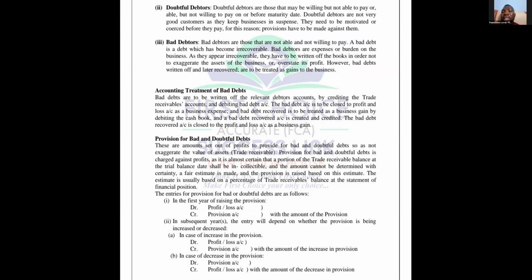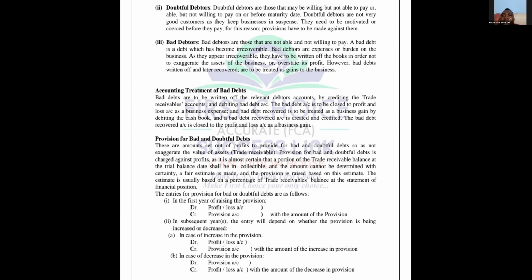Now the question mark there is on the provision for bad debt and doubtful debt. That's one of the places where students normally have challenges. When talking about allowance or provision for doubtful debt, it means you are not sure if this person will pay you your money when it is due.